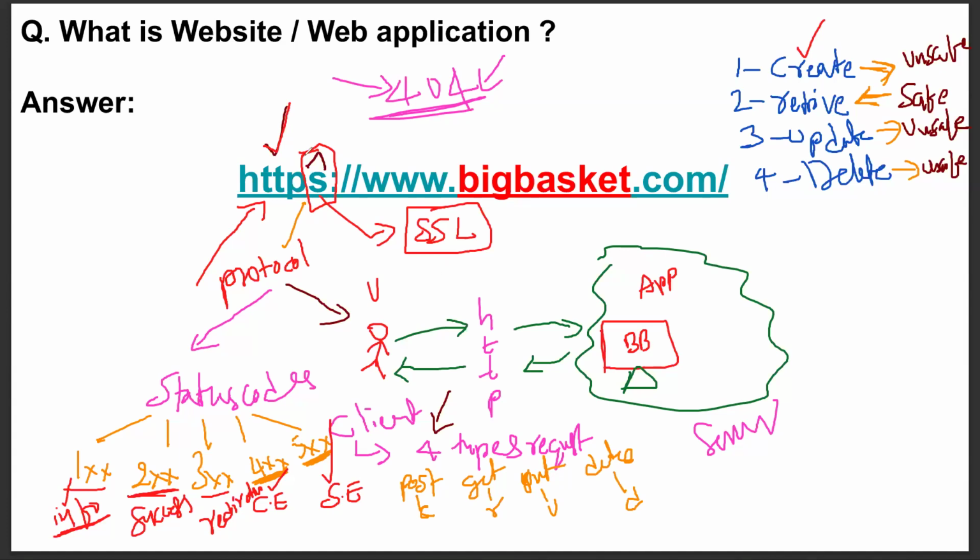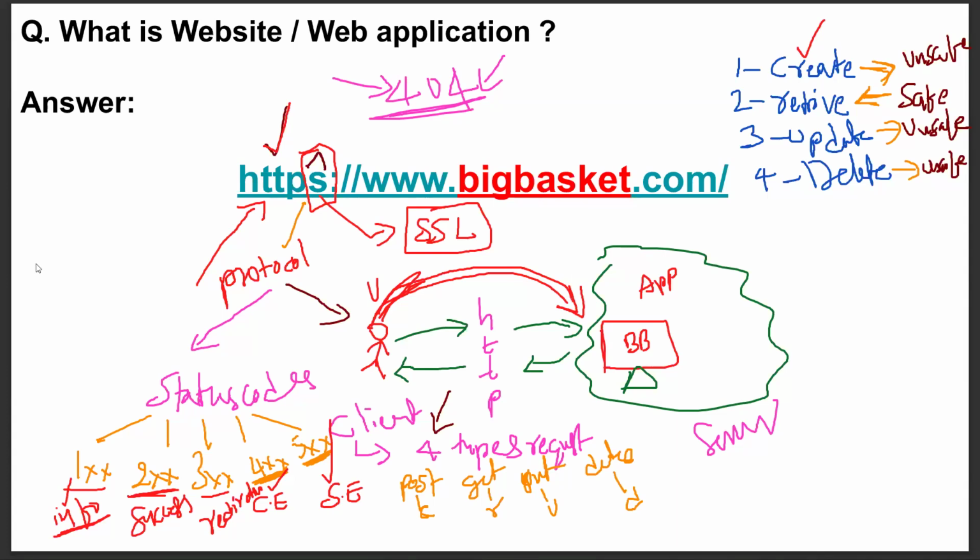Similarly, guys, before HTTPS, we used only the HTTP protocol. But in the HTTP protocol, what will happen, guys? Directly, the customer details are sent to the server. I'll repeat: whenever a website uses HTTP, the client details are sent directly to the BigBasket server, guys.